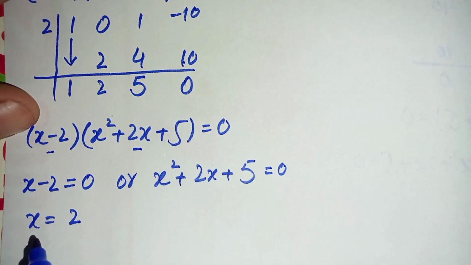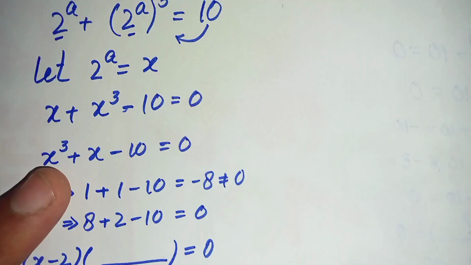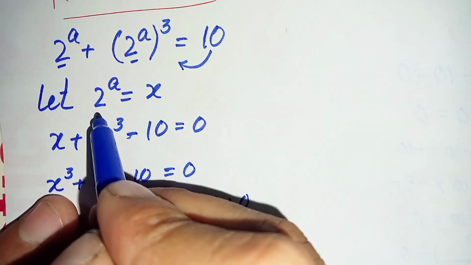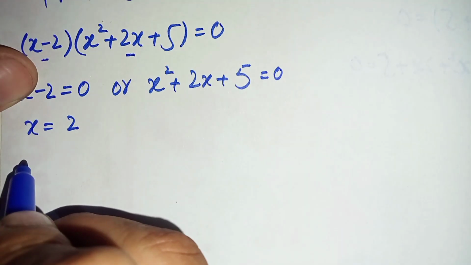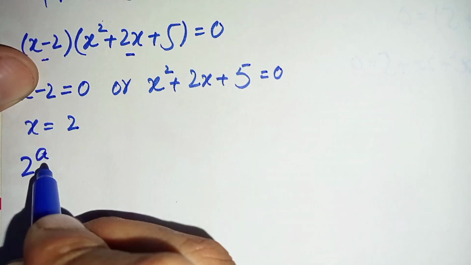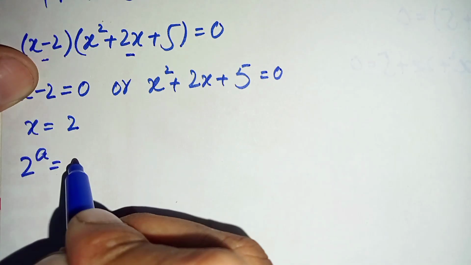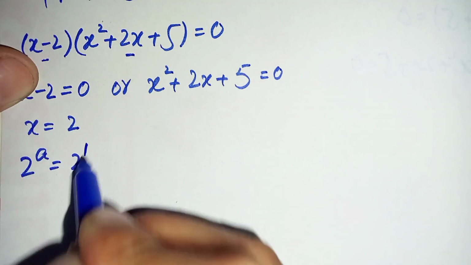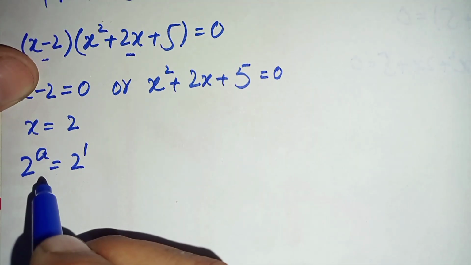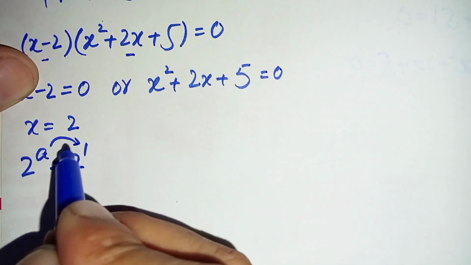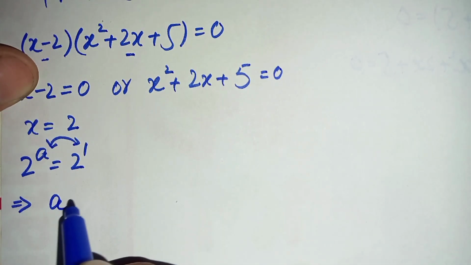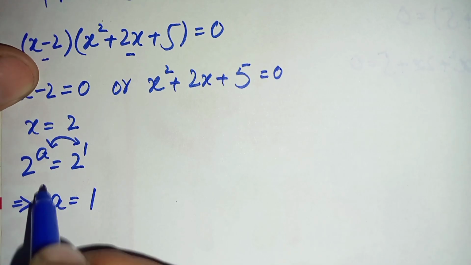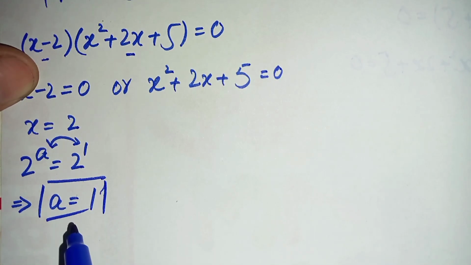Here we need to find the value of a. So we will go back to our supposition, that is x is equal to 2 raised to power a. So here we will replace x with 2 raised to power a. So this will become 2 raised to power a is equal to 2. Now the power of this 2 is 1. Now the bases are same, so we will compare the powers with each other. Now the powers are a is equal to 1, which is our first real root.